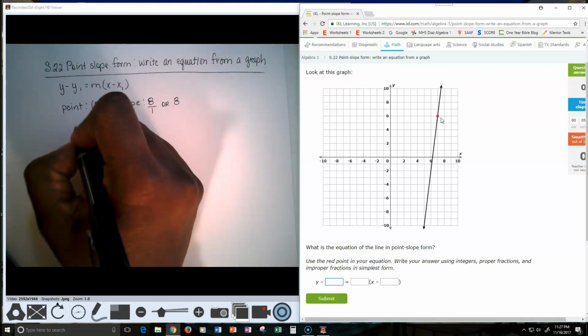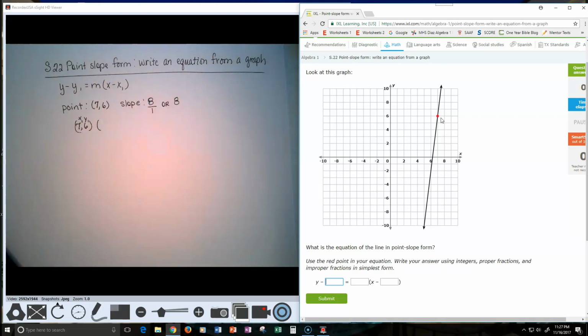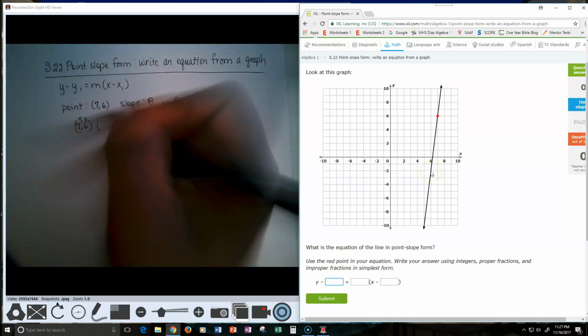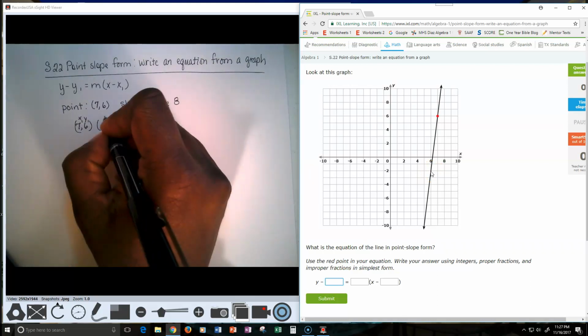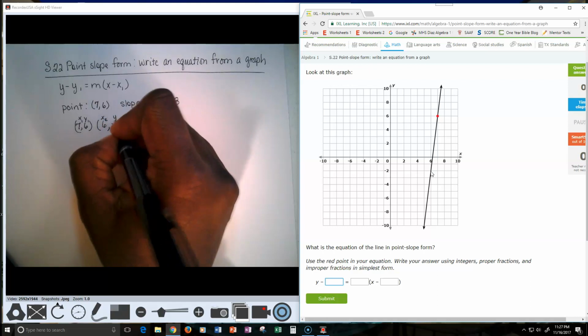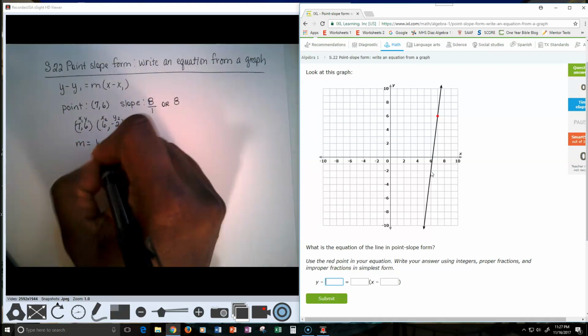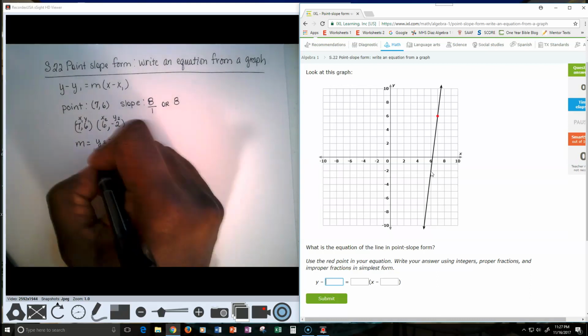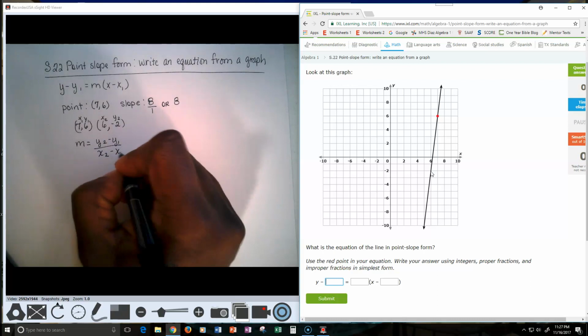So I'm going to use 7, 6 as my x1, y1. And I'm going to use the next point, 6, negative 2, as my x2, y2. And my slope is equal to y2 minus y1 divided by x2 minus x1.